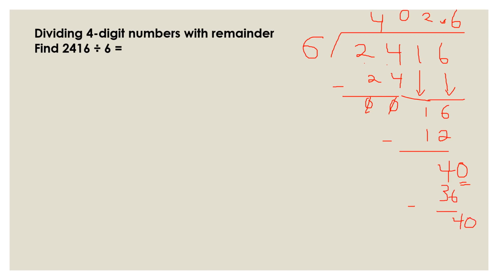Add 0 again. 40 divided by 6 equals 6. 6 times 6 equals 36. Again, 40 minus 36 equals 4. 40 divided by 6 equals 6, 36, and so on. The answer here is a recurring decimal, which is also called a repeating decimal.